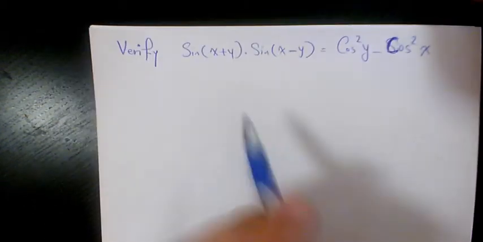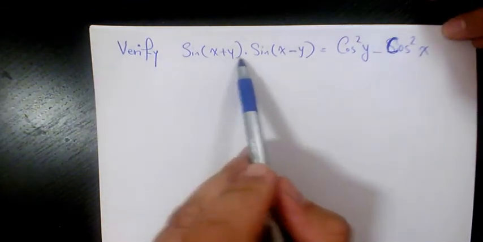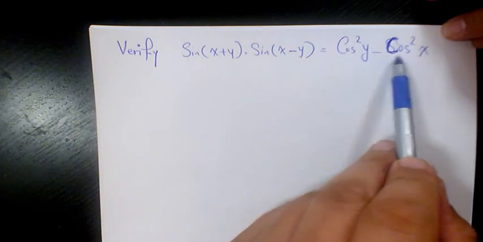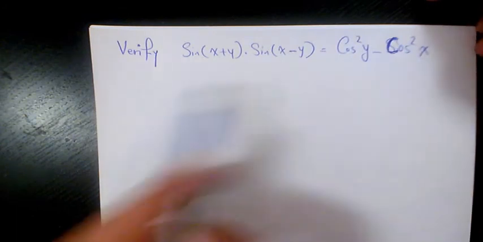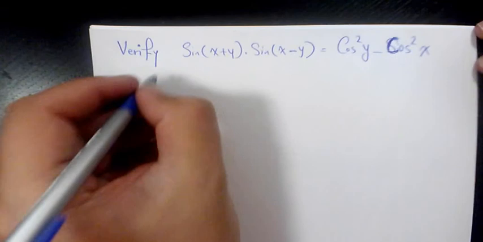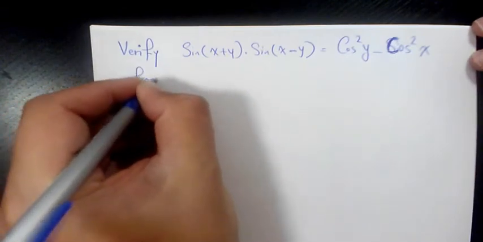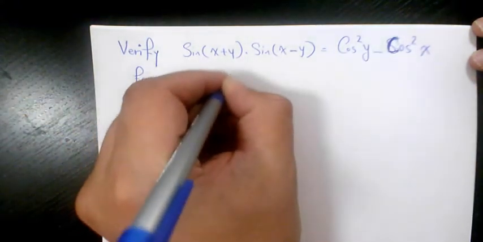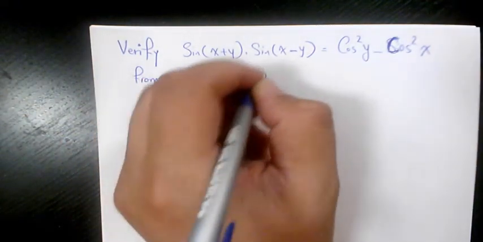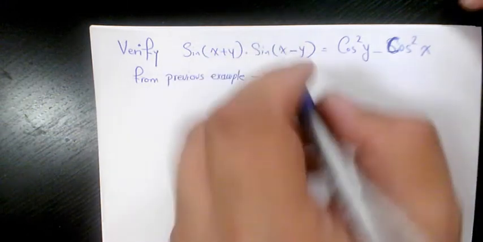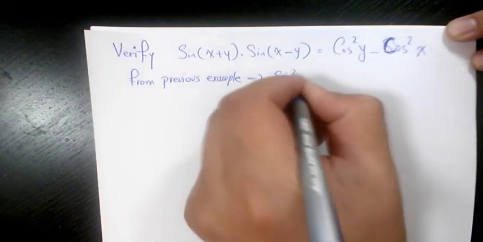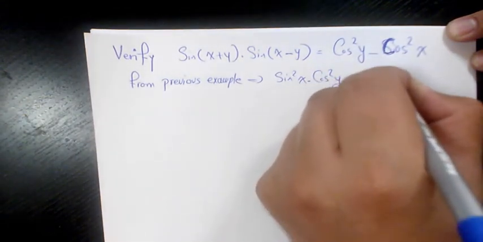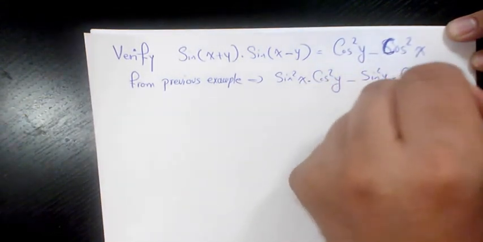Now in this example, it says verify sine(x plus y) times sine(x minus y) equals cosine squared y minus cosine squared x. That's very similar to the previous example. We got to a point from the previous example that it was sine squared x cosine squared y minus sine squared y cosine squared x.